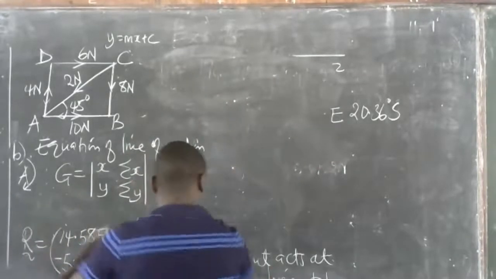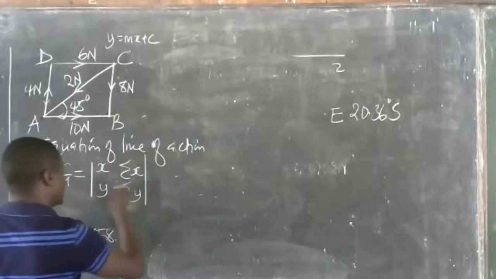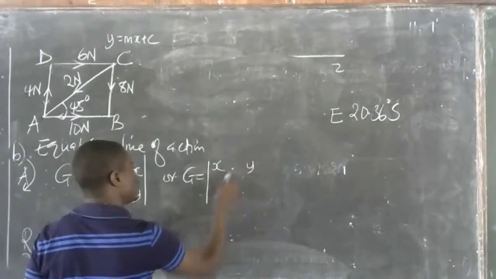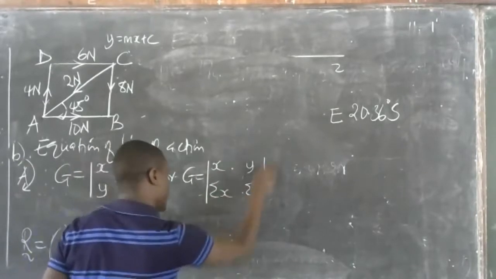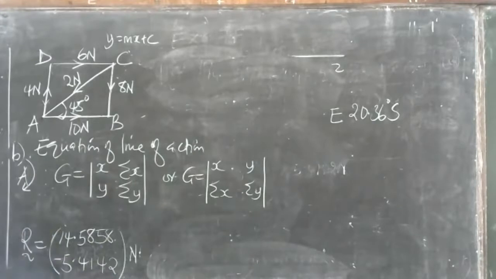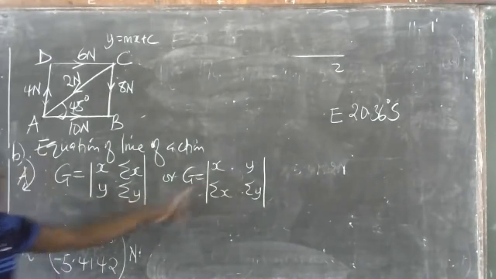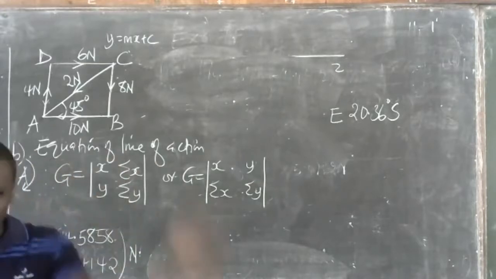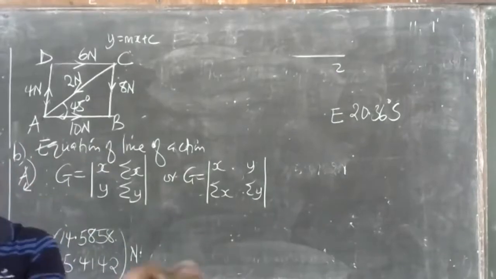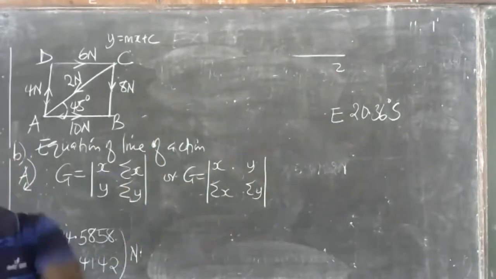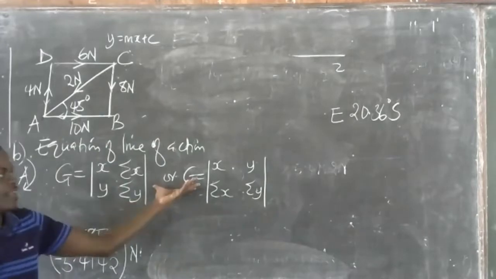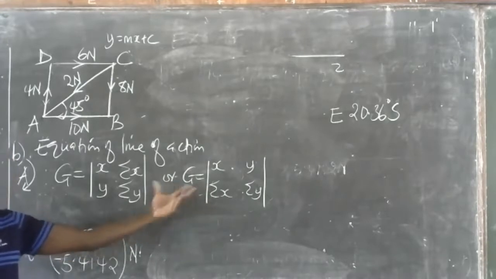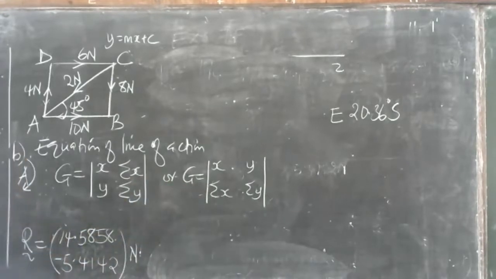The equation of line of action strictly should be this, or given as the determinant x, y, sum x, sum y, any of those two. But strictly should start with x, y, and then finally the forces. That is, if you're using the condition that clockwise moments are negative and anti-clockwise moments positive, then the equation should be in this form. And I advise you use that. Don't change, the other one will confuse you.